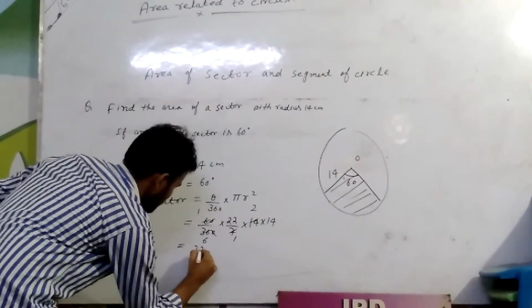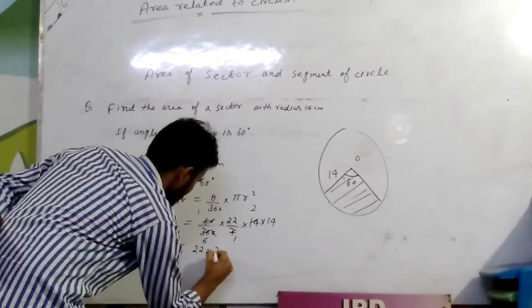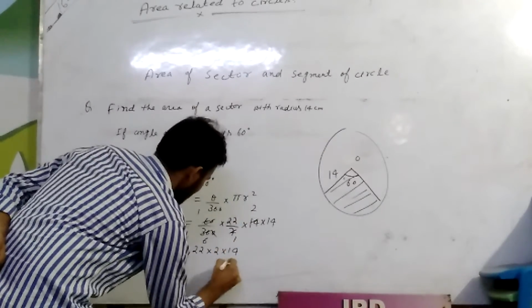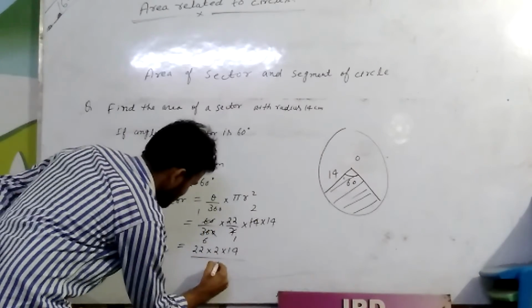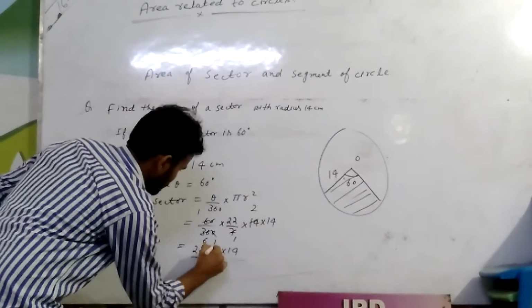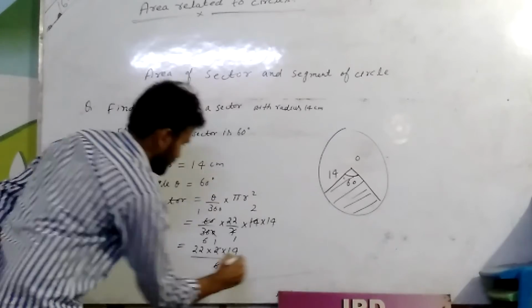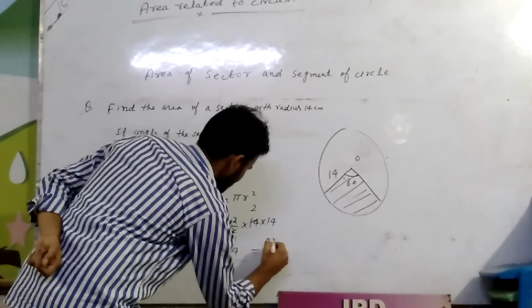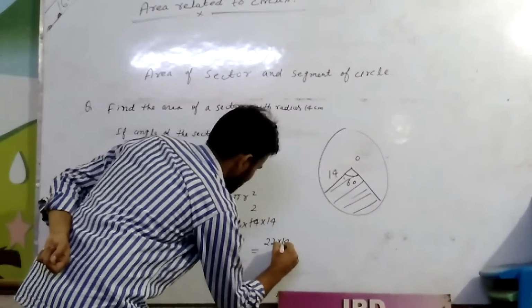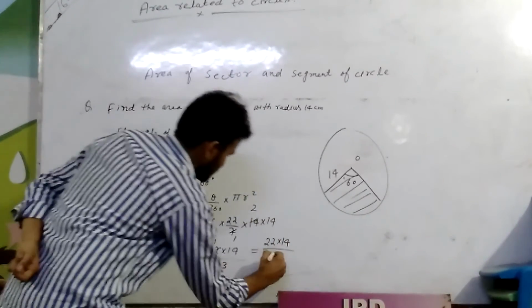22 into 2 into 14 upon 6. 6 ones are 6, 2 threes are 6. Means 22 into 14 upon 3.